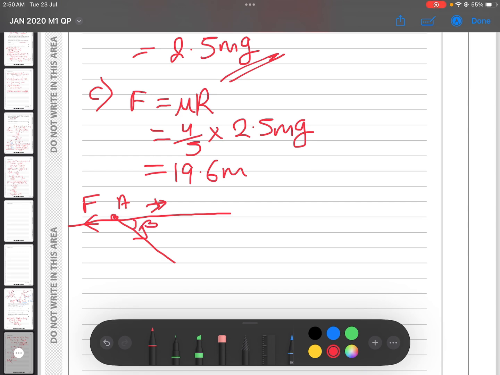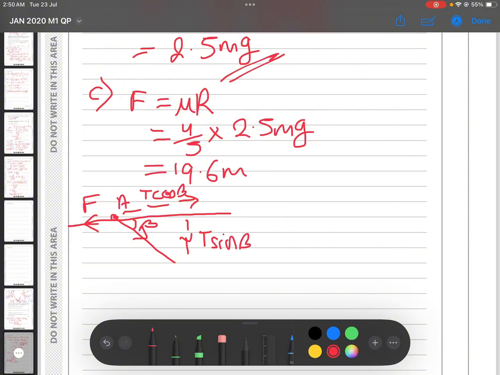In the horizontal direction, it's going to be T cos beta, and in the vertical direction, it's going to be T sin beta.